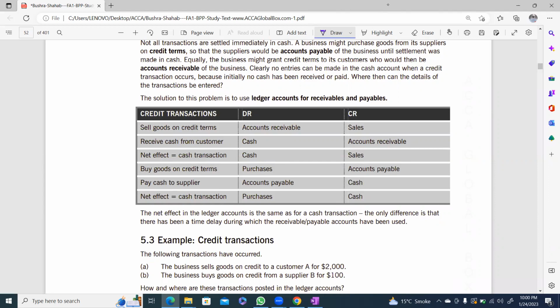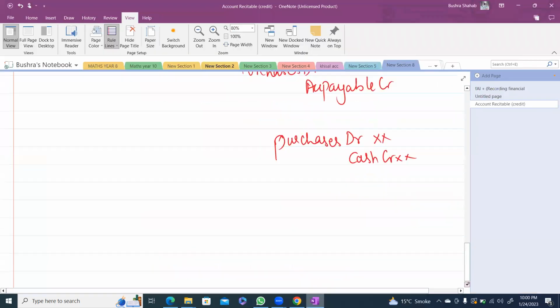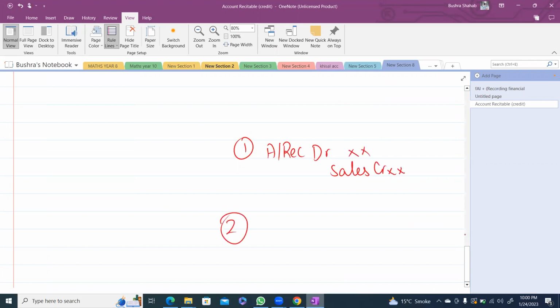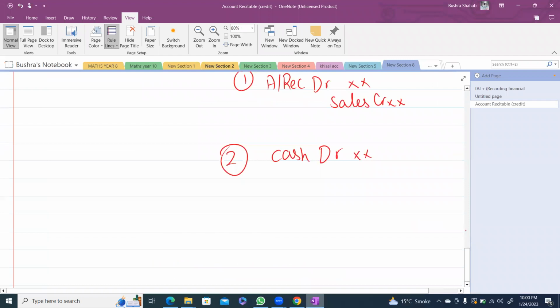Net effect is equal to cash transaction. Basically, when a customer pays you, first you sold goods on credit, you made the entry account receivable debit, sales credit, right? When you have received the payment, what entry will you make? Cash account will be debit because you are receiving cash, and the receivable will decrease. Asset will decrease on the credit side, so you will make the entry account receivable credit by the amount.